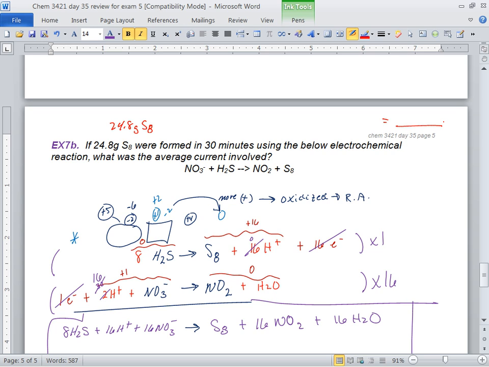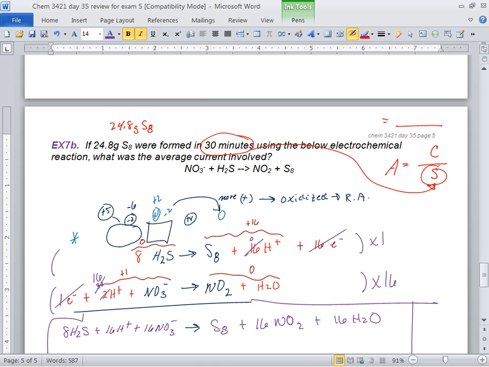What do you want to convert to? The final answer is amps. But you're not going to get there right away, because amp is what over what? Coulombs over seconds. The question gave you the seconds. You just got to do a little bit of converting.